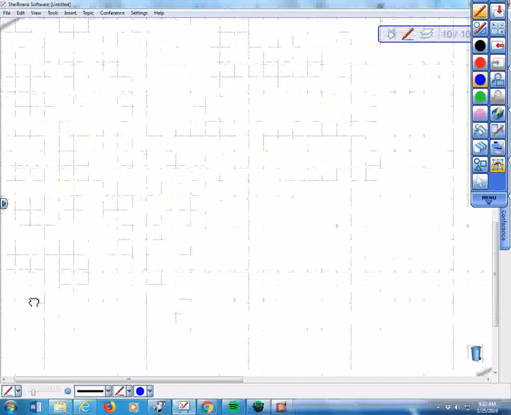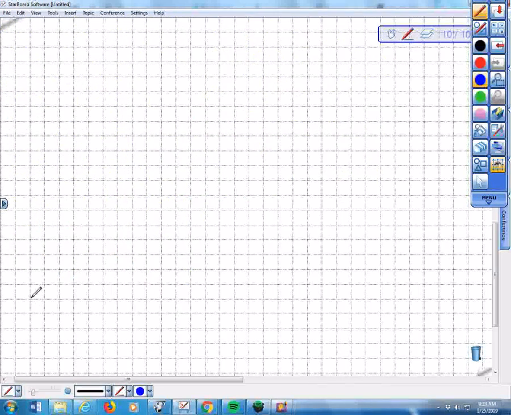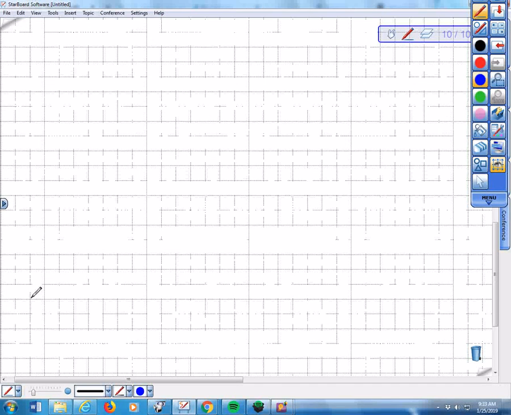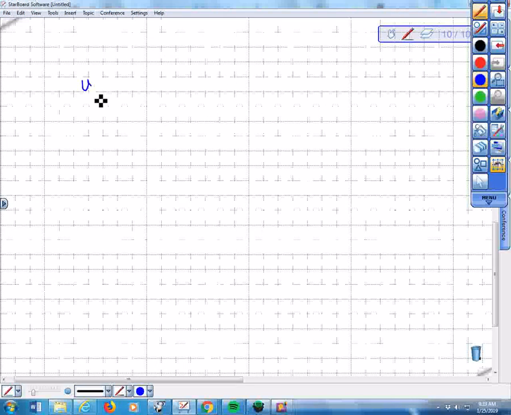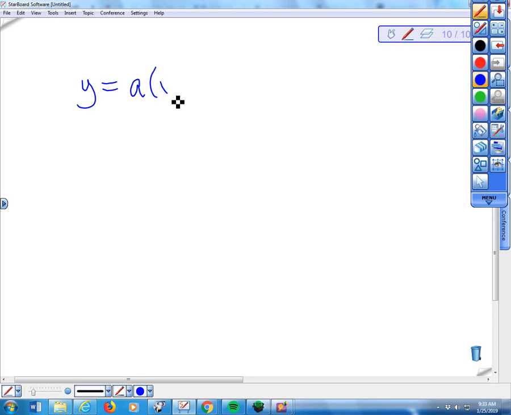2 more. Write a quadratic function in vertex form that has the given vertex and passes through the given point. This is vertex form. So I'm going to plug in what I have. The vertex is negative 9, negative 9, and the point is negative 7, negative 1.